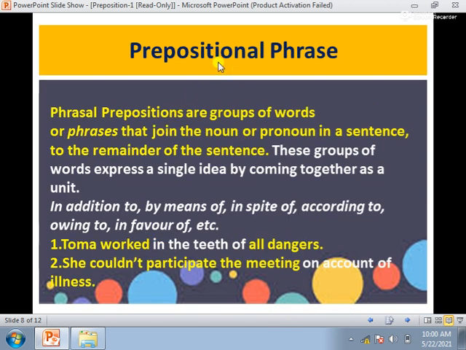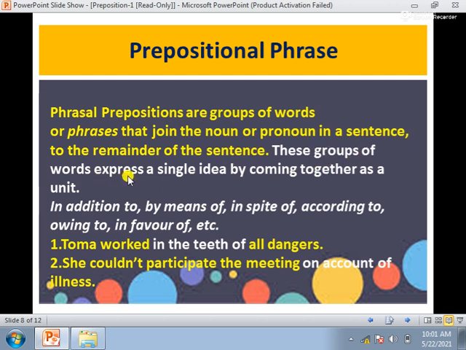Prepositional phrase. This is a mostly used term in question number 9 of the modified. You get this word prepositional phrase. So phrasal prepositions are a group of words or phrases that join the noun or pronoun in a sentence to the remainder of the sentence. You know that a phrase is a group of words without any subject or finite verb.